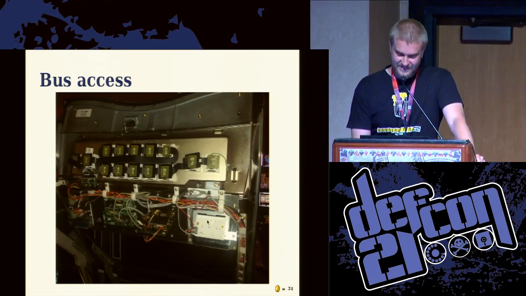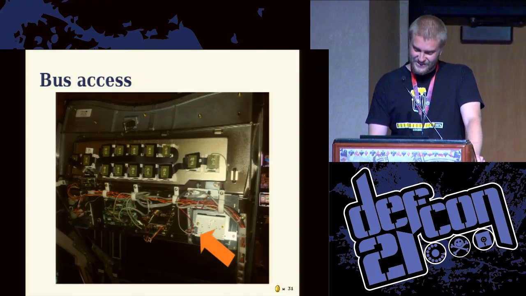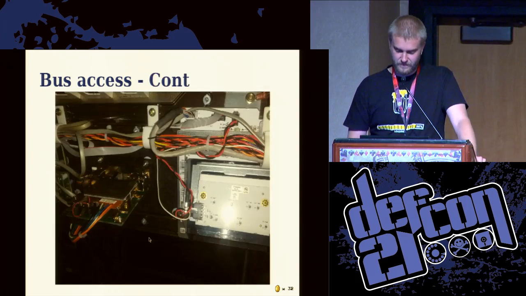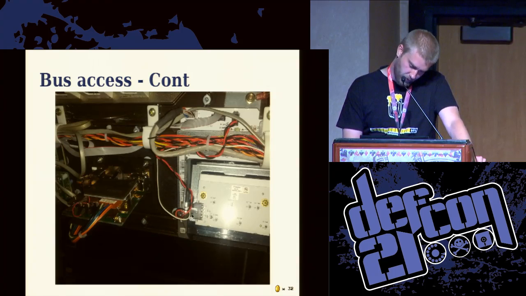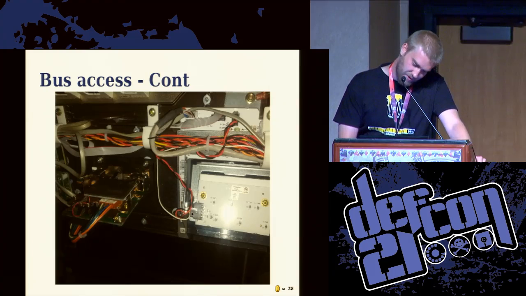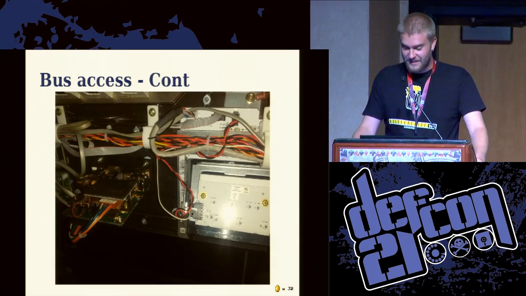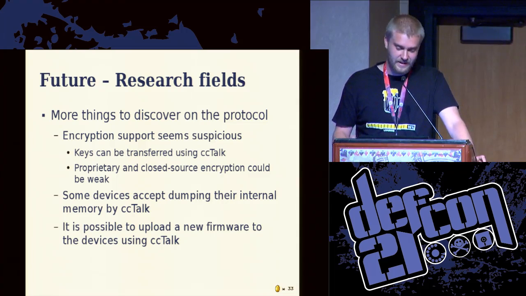So it's just there. The connector is just there, so you can just tap into the wire. Normally, it's the fourth one. It should be that red one there, but I'm not sure. So yeah, normally these machines, if they use the ccTalk bus, you can just get into them there.